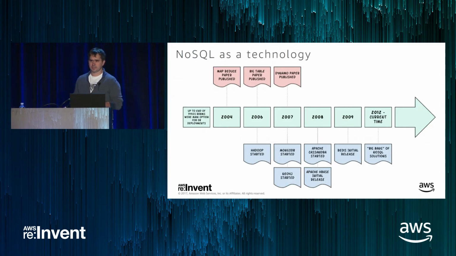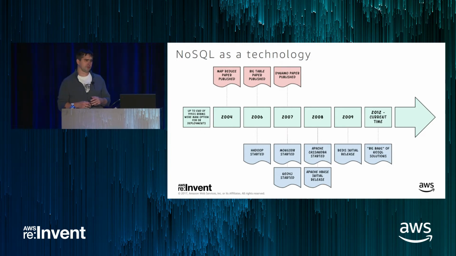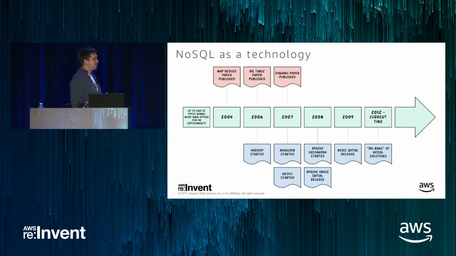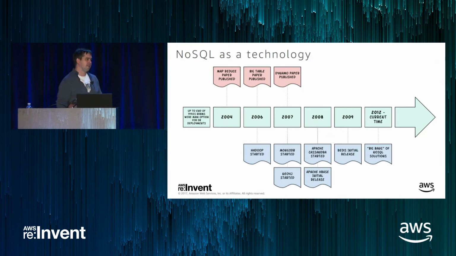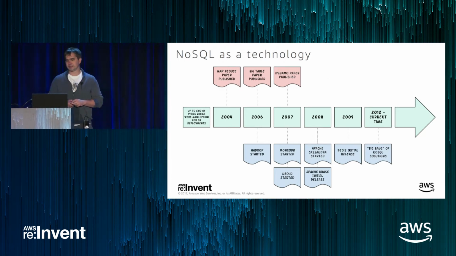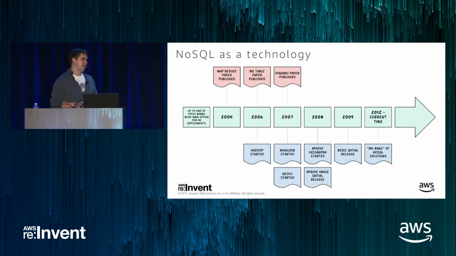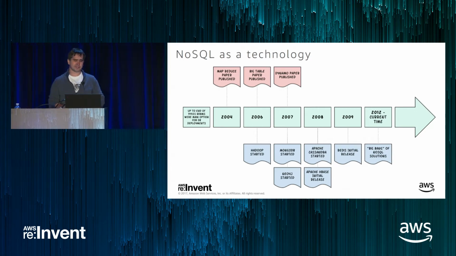I would like to start with NoSQL as a technology. We often refer to NoSQL as a technology, but it's not really something like that. It's more like a movement and a bunch of technologies combined by similar ideas. It started quite some time ago, and most of the protocols were well known in the 80s and 90s of the last century, like Gossip Protocol and Paxos and so on.